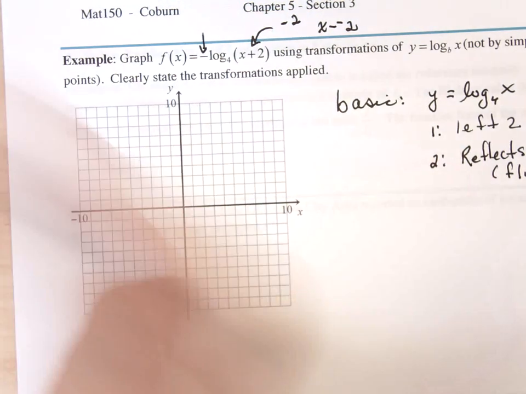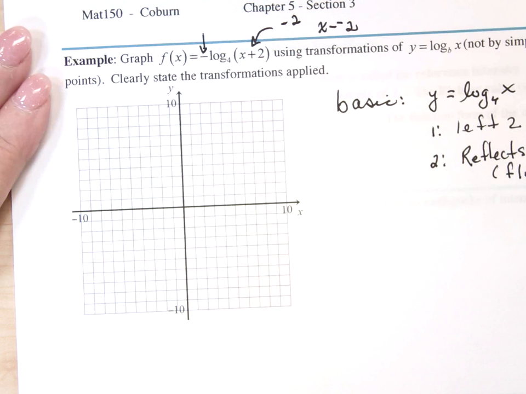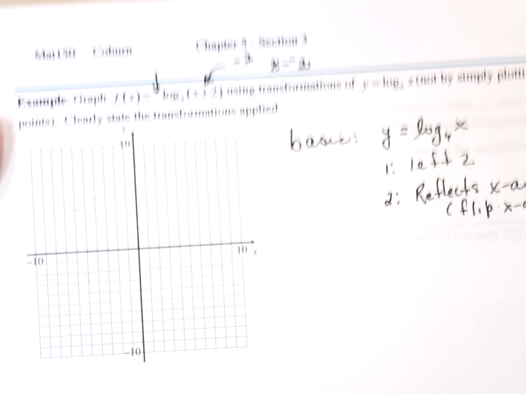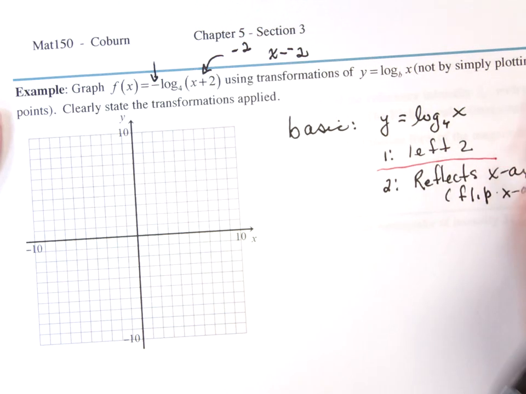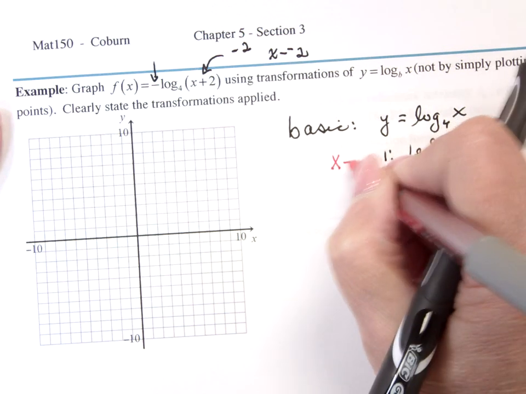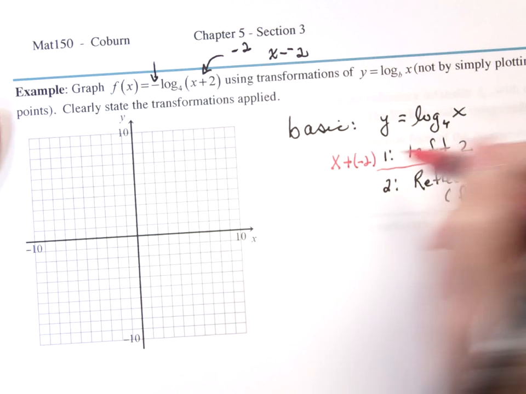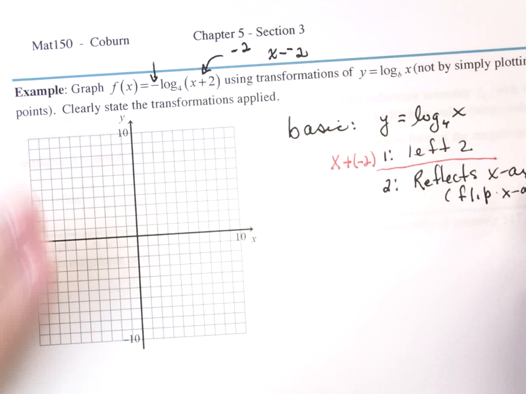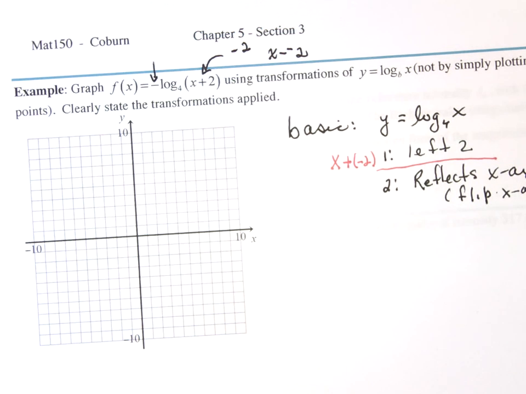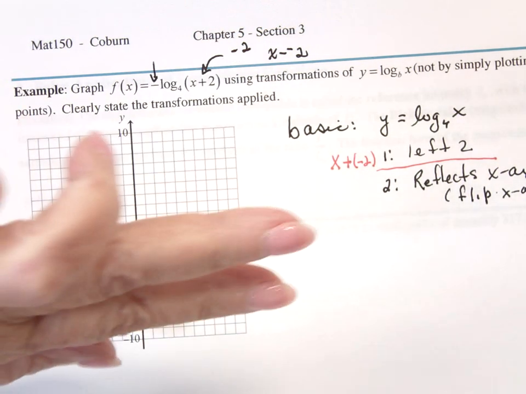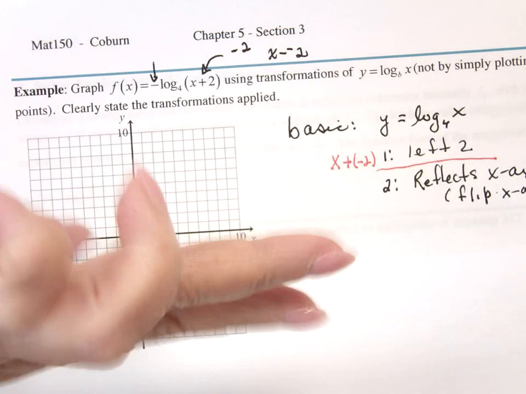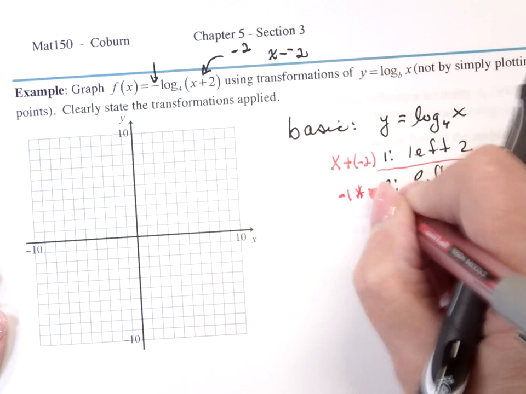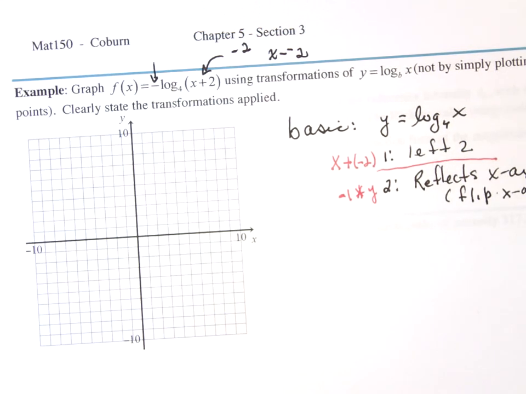So flip across the x-axis. What's that going to mean to me? Well, if I'm dealing with left 2, I'm going to take the x values and add a negative 2 to the x values. That moves the whole thing to the left. And if I'm flipping around the x-axis, it's the y values that change. So this is going to be minus 1 times the y values. That turns the thing upside down.